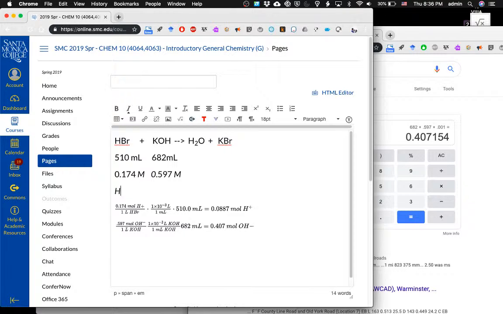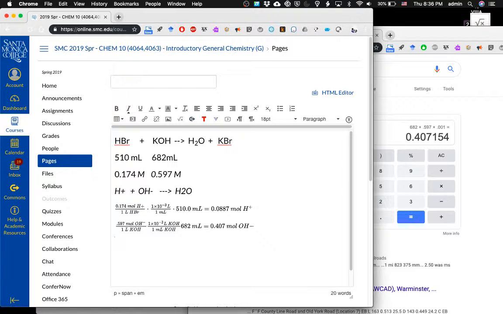Remember the equation is H plus OH minus makes H2O. So this is happening. Anytime you have H plus and OH minus, nobody has to tell you that it's happening. It's happening, like they say, oh, it's on.